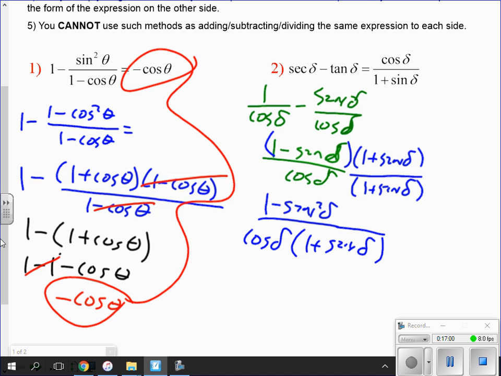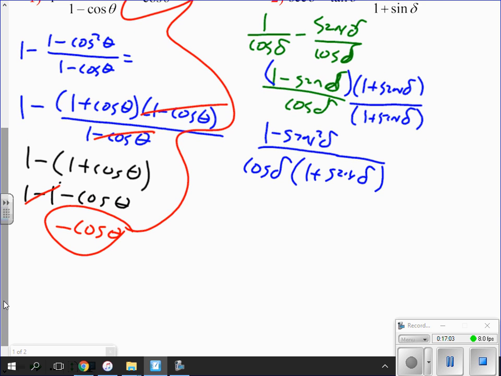And if you look at what I have, my denominator already contains what I want it to contain. I need to get rid of the cosine in the denominator. Well, I have 1 minus sine squared, which is just like what I have here. 1 minus sine squared would be equal to cosine squared, because I can also rearrange this one.